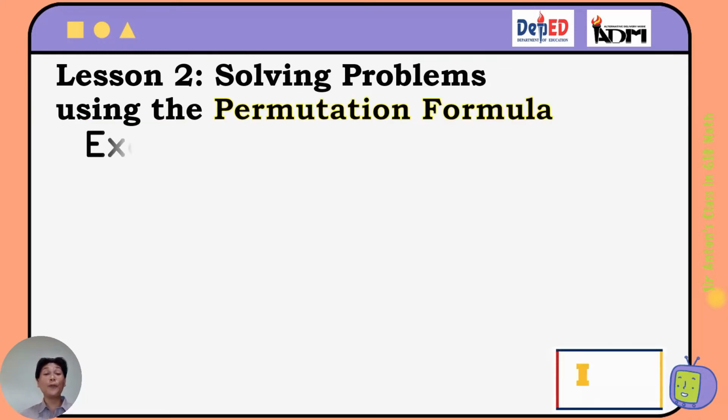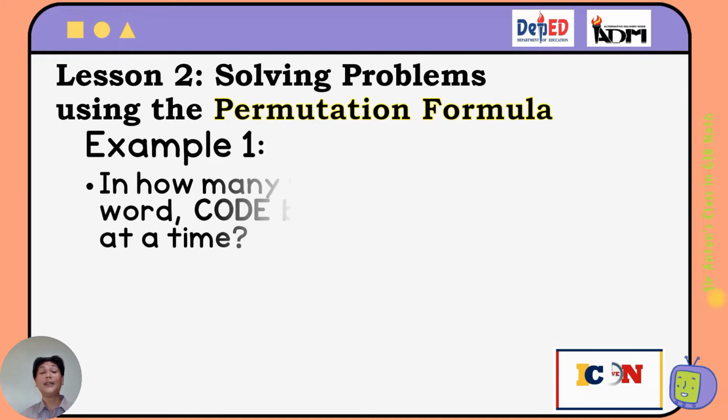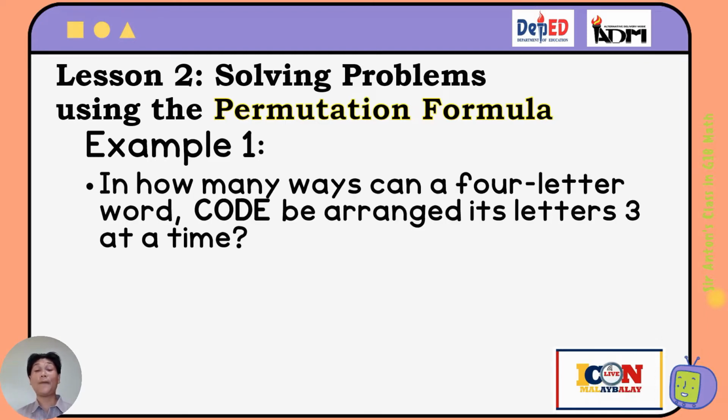Using the permutation formula, we have example 1. In how many ways can the four-letter word CODE be arranged its letters 3 at a time? Take note that this is the same example as for FCP. Now, let us see the difference. We have our number of objects 4, and the problem states to take 3 letters at a time.